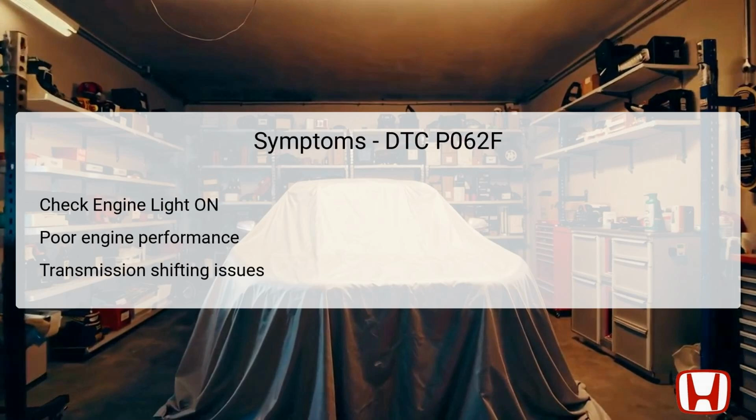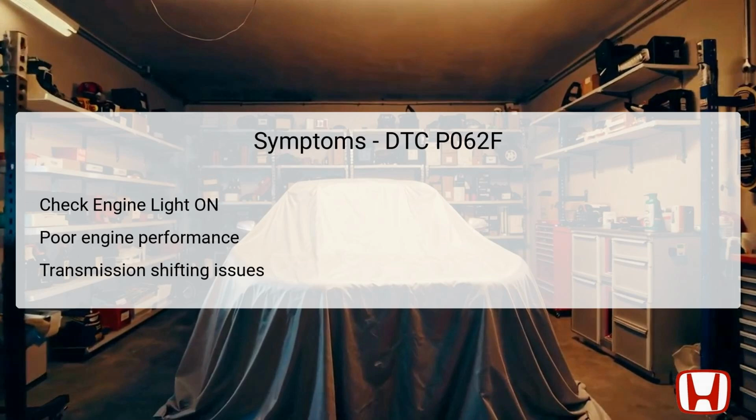The symptoms associated with DTC P062F can range from minor inconveniences to significant performance issues. One of the most common indicators is the illumination of the check engine light, CEL, which signals that the vehicle's onboard diagnostic system has detected an anomaly.